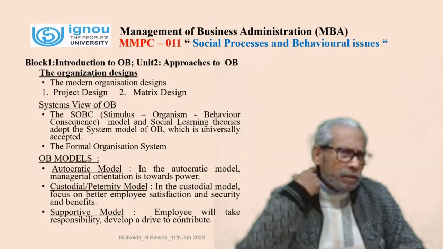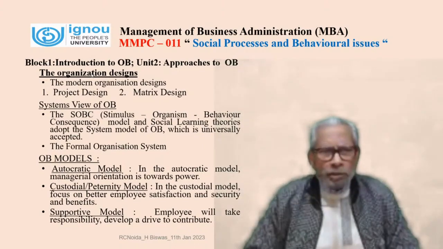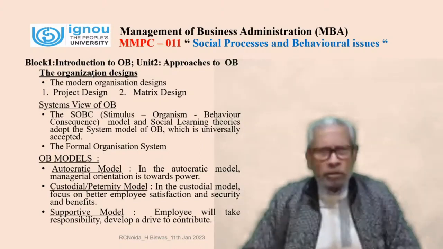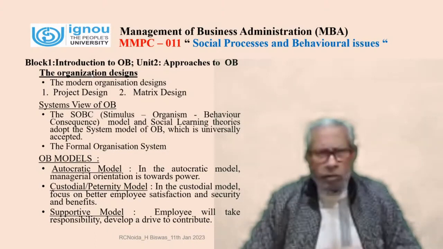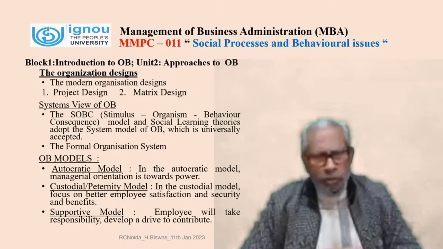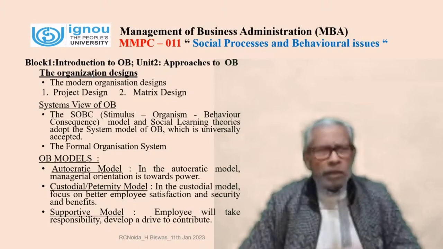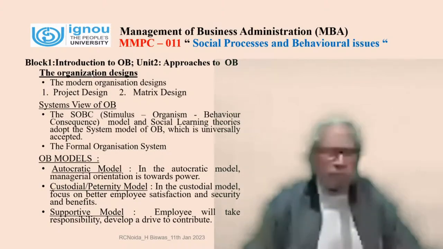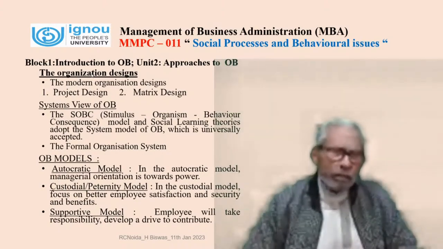Systems give out your organizational behavior, that is stimulus, organizational behavior, and consequences. Social learning theories adopt the system model, which is universally accepted. So there are many systems, and then there is the design part.